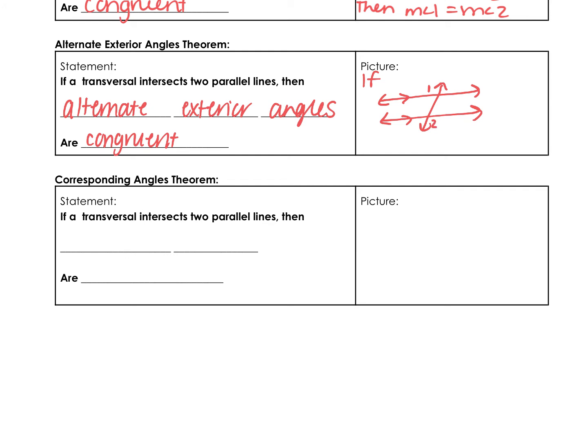So maybe angle 1's right there and angle 2's right there. Then what we can say is angle 1 is congruent to angle 2.